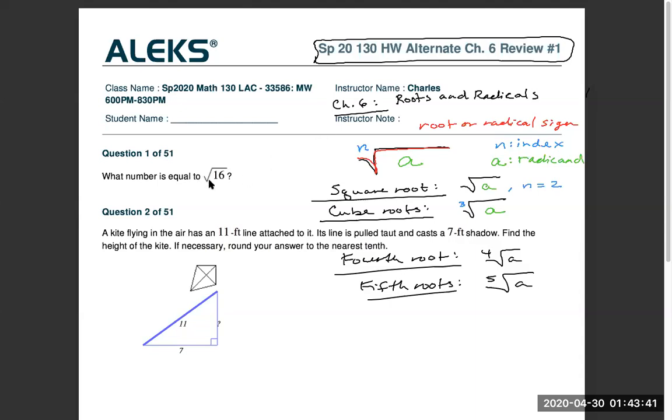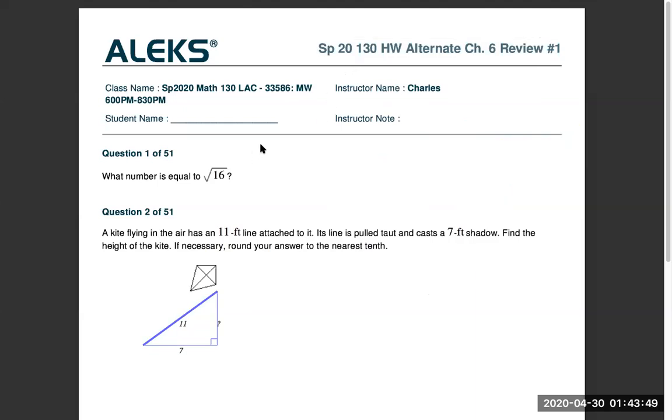What number is equal to square root 16? So you might already know this. Essentially, if we have square root 16, we can break 16 into 4 times 4.